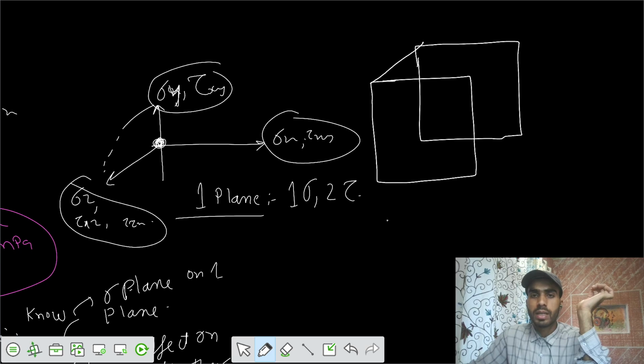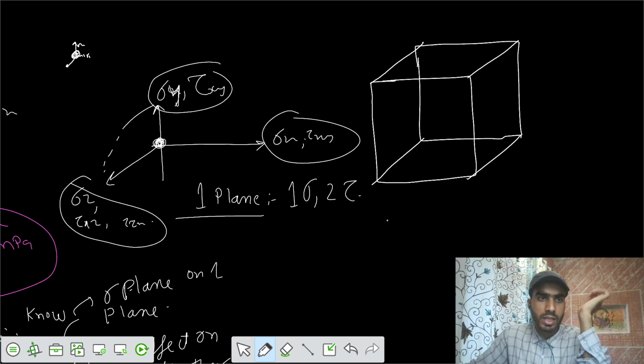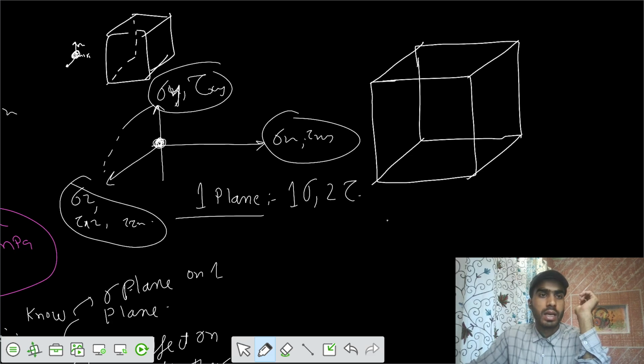To represent the state of stress on that particular element, you can't just show a point with sigma x, sigma y; it becomes invisible. To make it visible to our eyes, we make it a cuboid and apply those stresses on different faces of this cubic element. We call it a stress element.